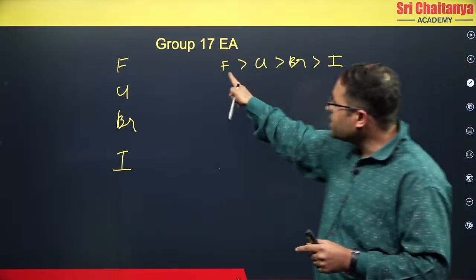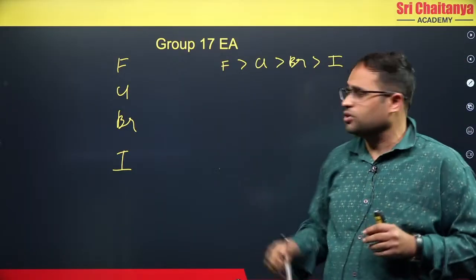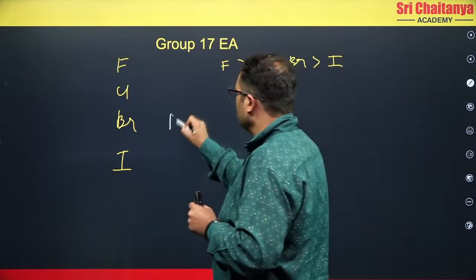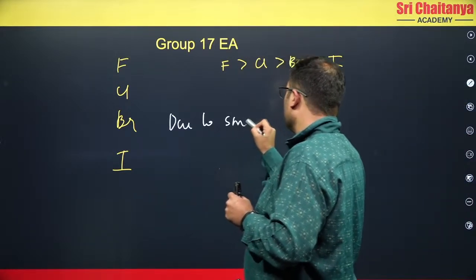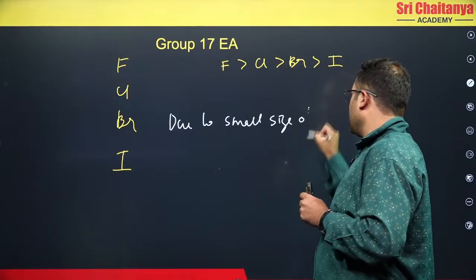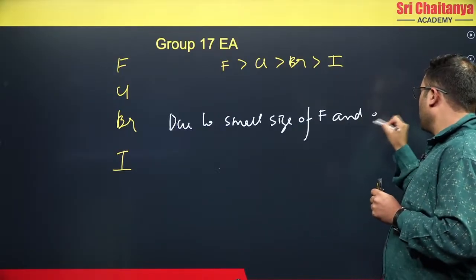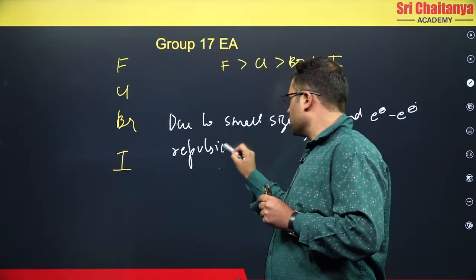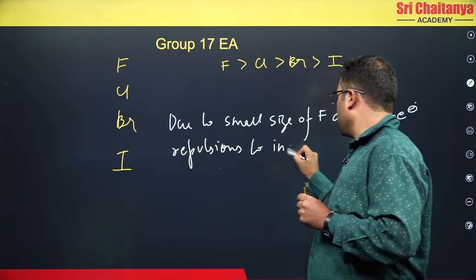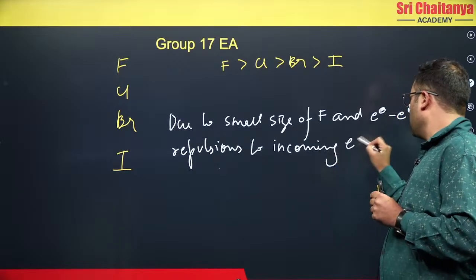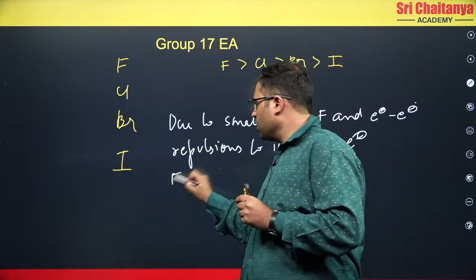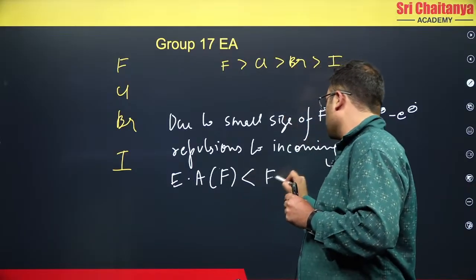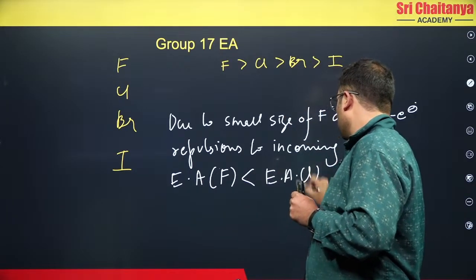But due to small size of fluorine and electron-electron repulsions to the incoming electron, the electron affinity of fluorine is less than the electron affinity of chlorine.